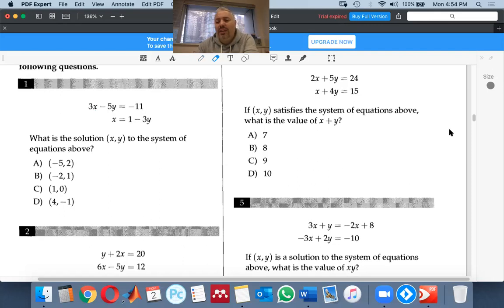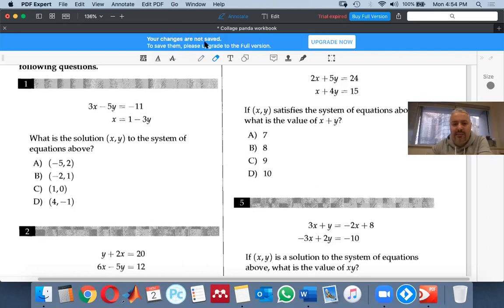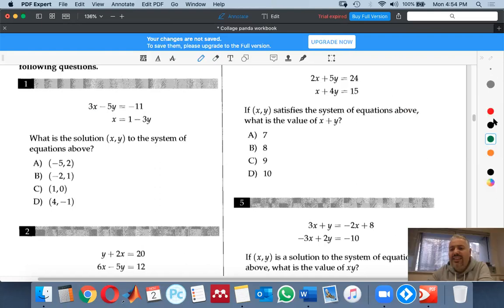Okay, let me solve it, guys, the time is passing. Are you looking at the board? Classical solution. Put x here. 3 times 1 minus 3y minus 5y is negative 11.